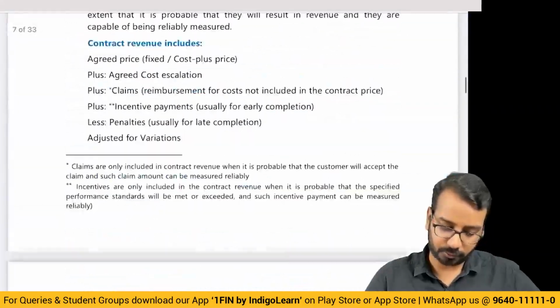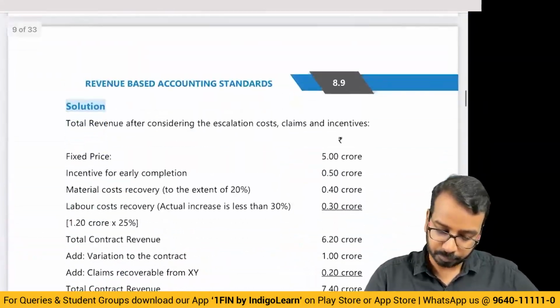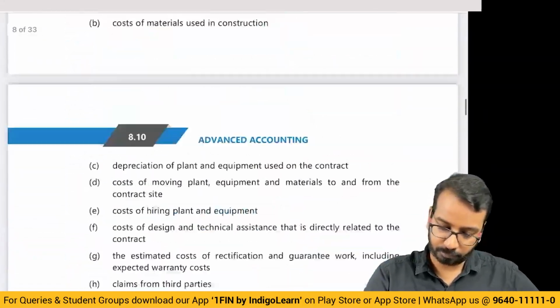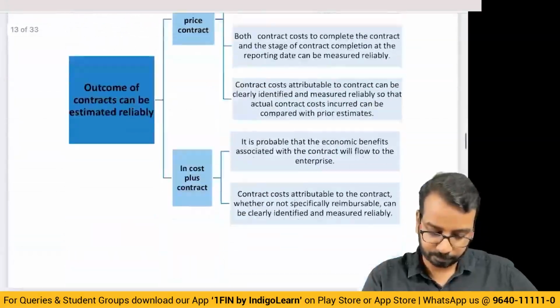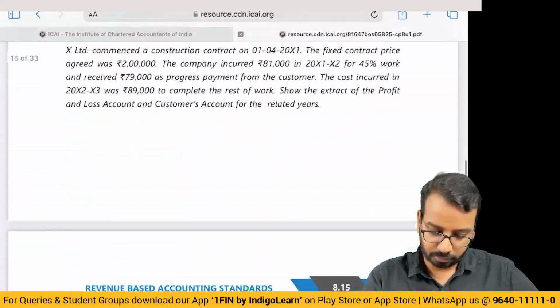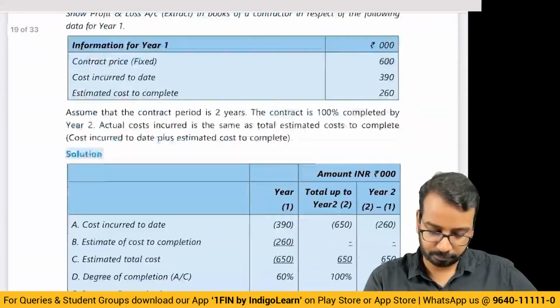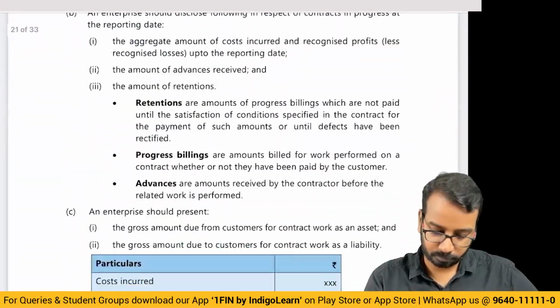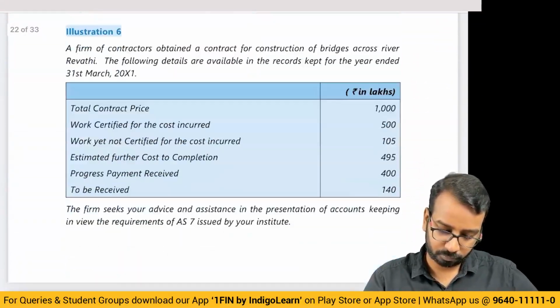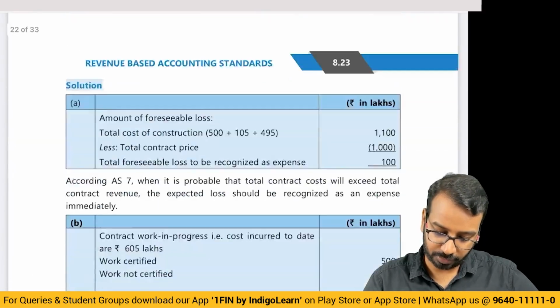Illustration number 6. Okay, same thing what they have done.